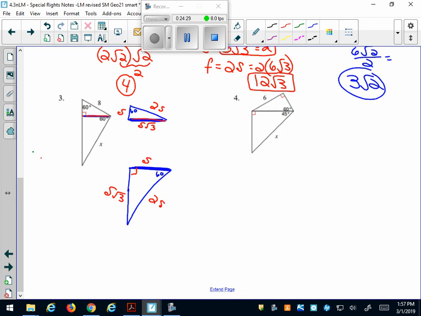But in the bottom triangle, that side is S, right? So these S's are different values. You can't solve for S in one and think it's the same value in the other one. They're different triangles. So it's a little bit trickier. But we have to go to the triangle where they give us a length. So the hypotenuse here is 8.